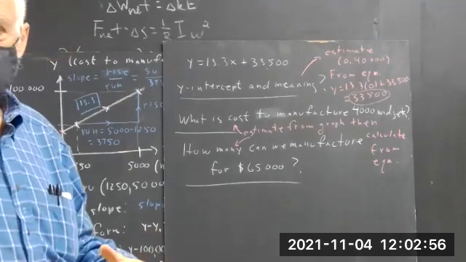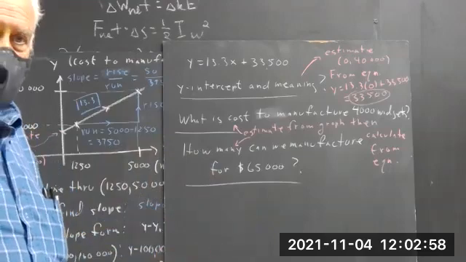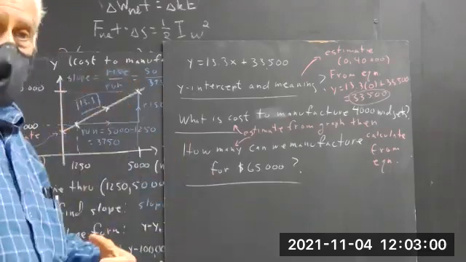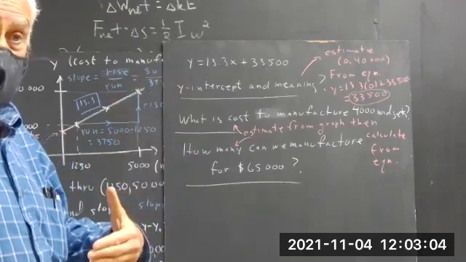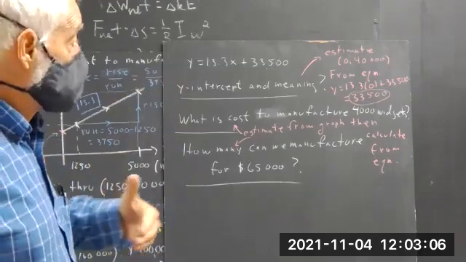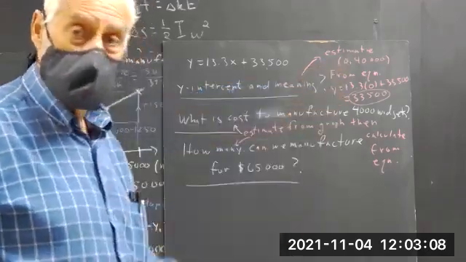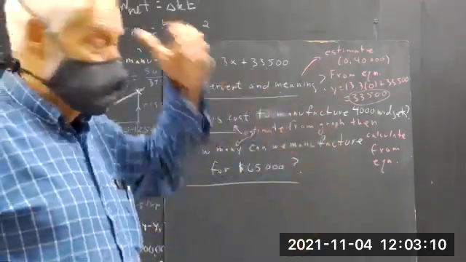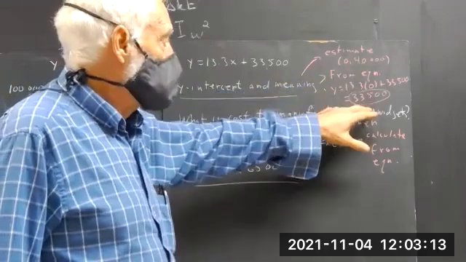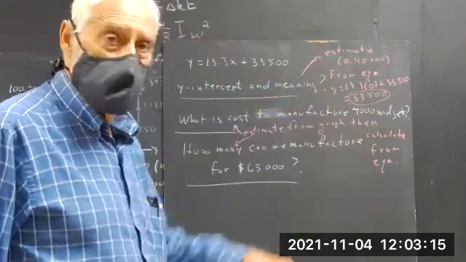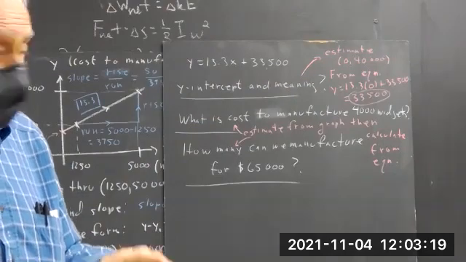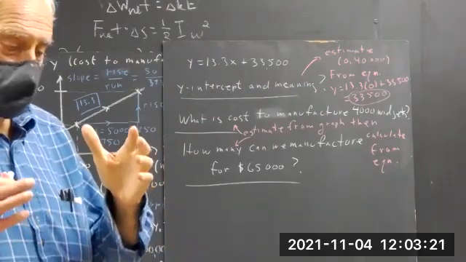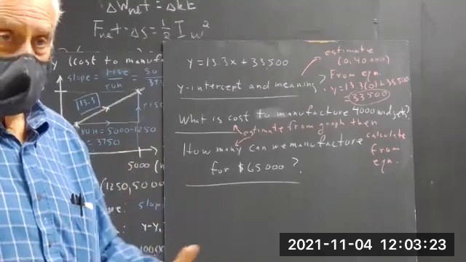Now, in reality, your manufacturer would know what the fixed costs are, which is a cost to just get set up and start without even producing any widgets. And that's what you get when you produce 0 widgets, okay? It's basically saying it costs 40,000, or by the equation $33,500, to get set up before you can start producing widgets.